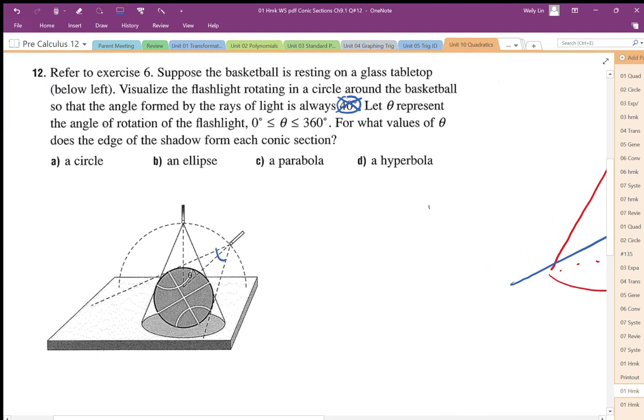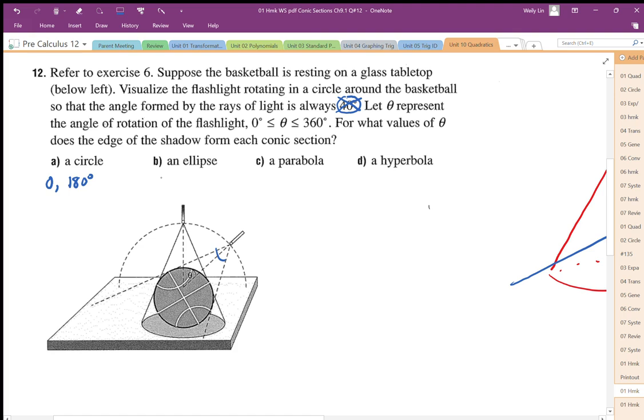In this case, if we want to get a circle, we want to shine it directly from the top. That means the angle is 0 degrees, or from the very bottom, which is 180 degrees. As we increase that angle all the way to 45 degrees, we're going to have an elliptical shape.